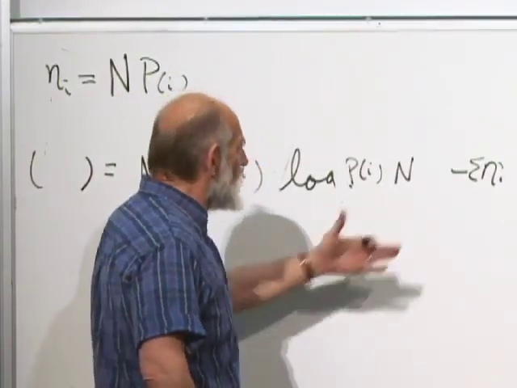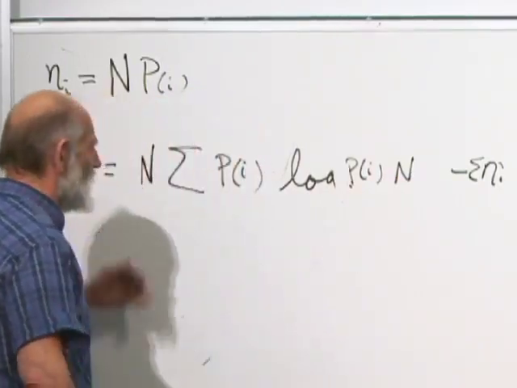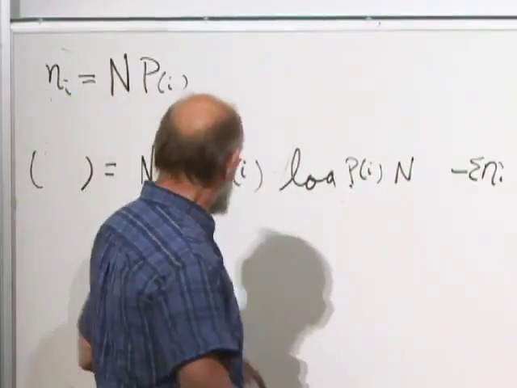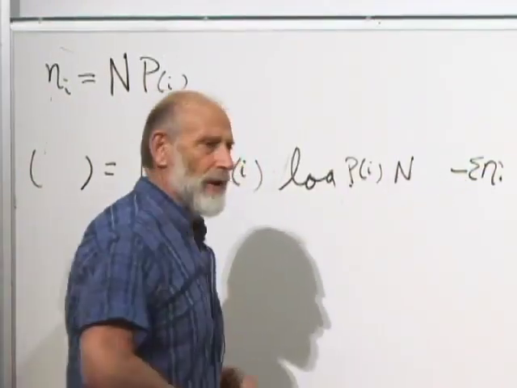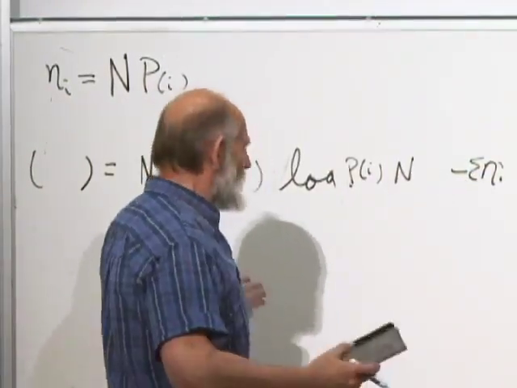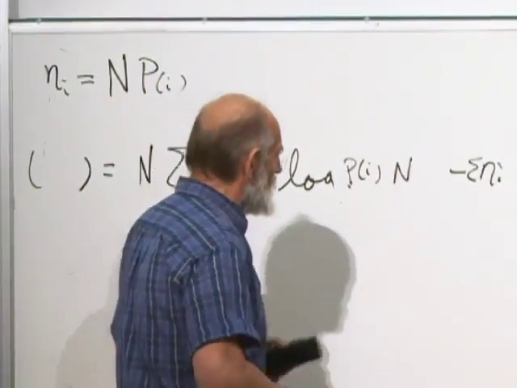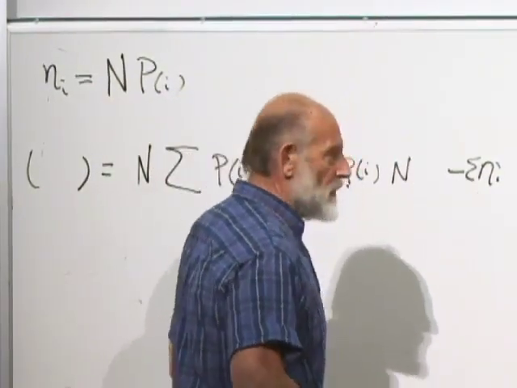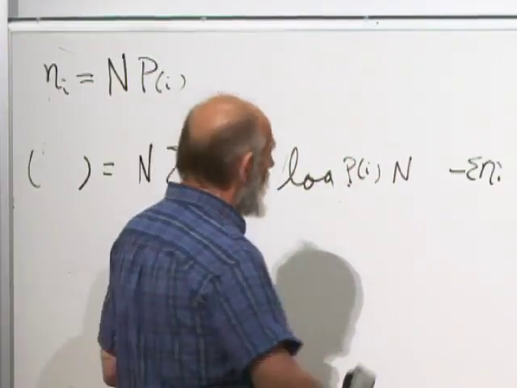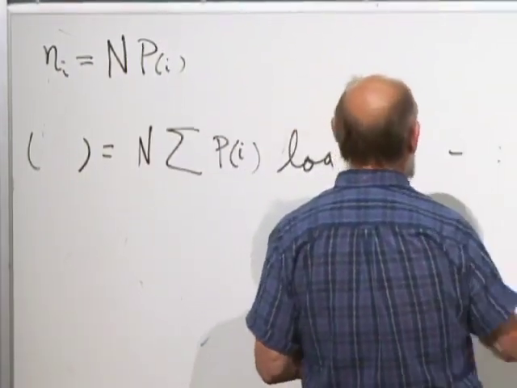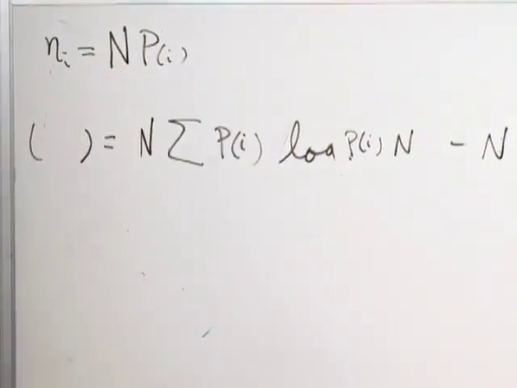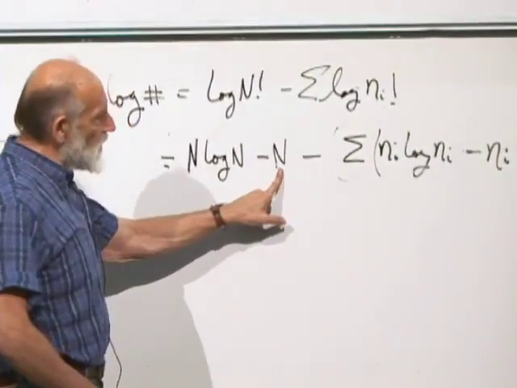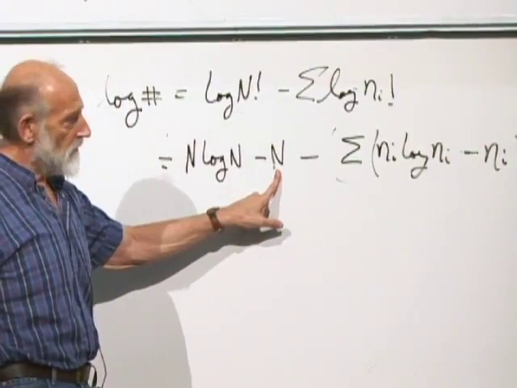You're right, it doesn't matter either way. This piece, the way I've defined it, does not multiply capital N, though we could do it the way you want also. The summation of n sub i is capital N, so let's replace this by minus capital N. And now that cancels this capital N here.